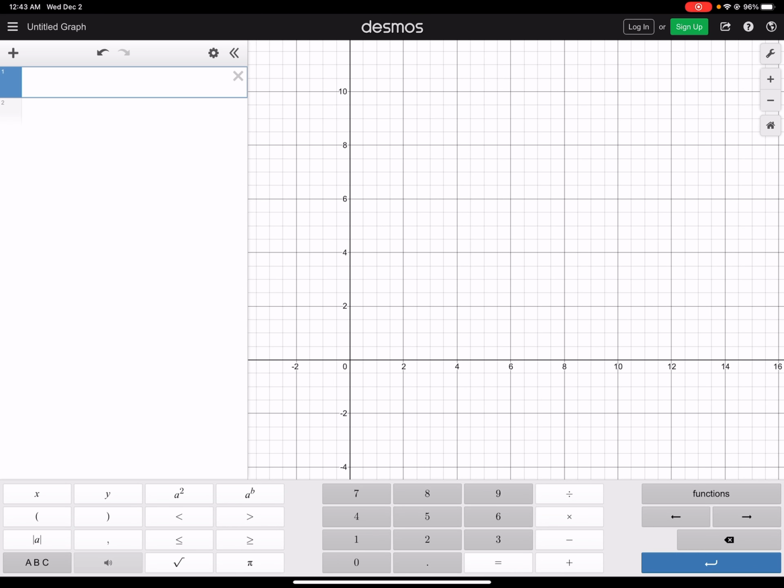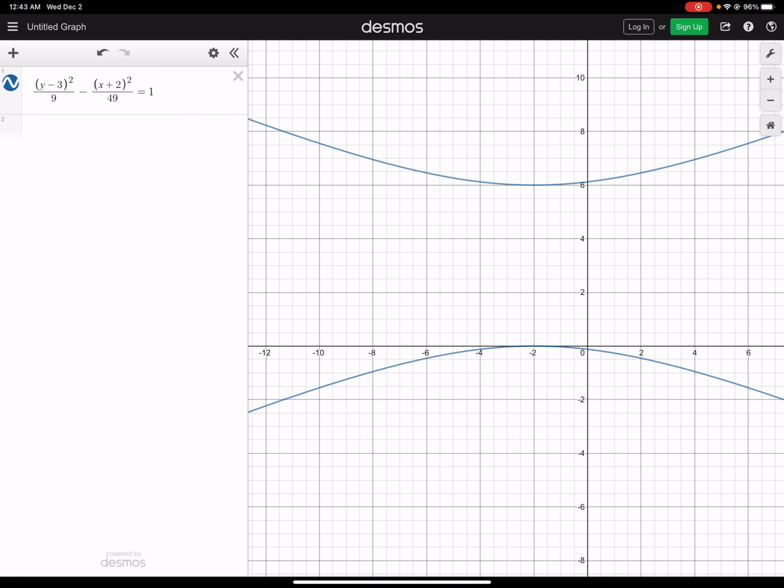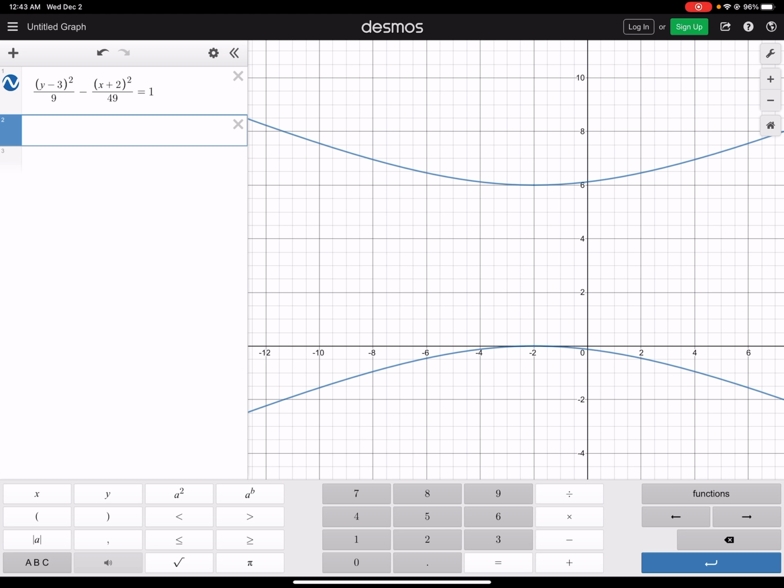We have y minus 3 squared over 9 minus x plus 2 squared divided by 49 equals 1.